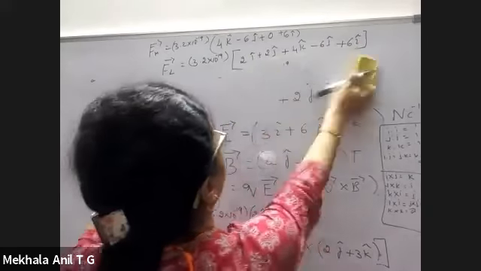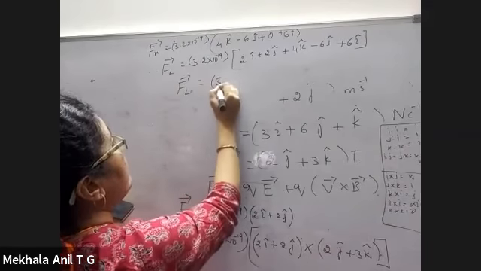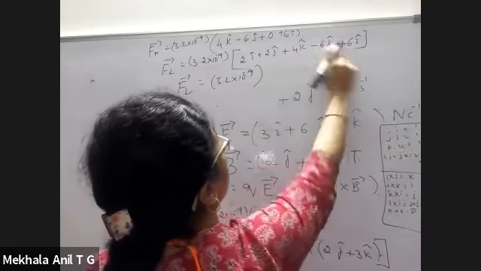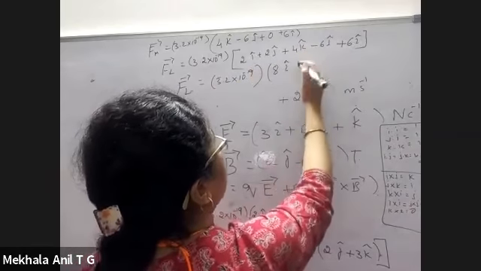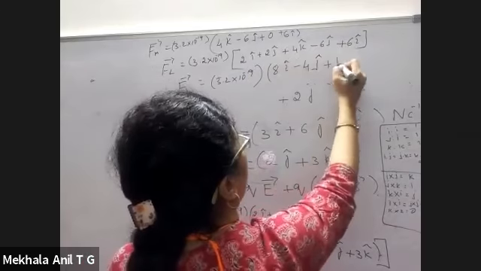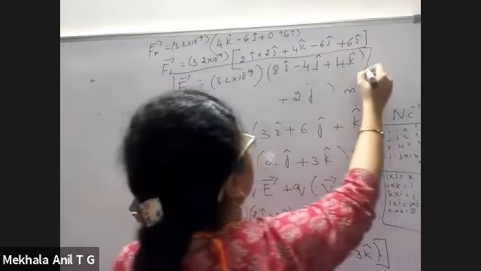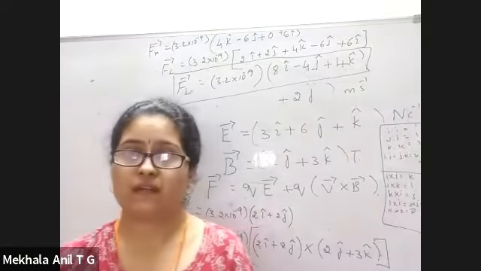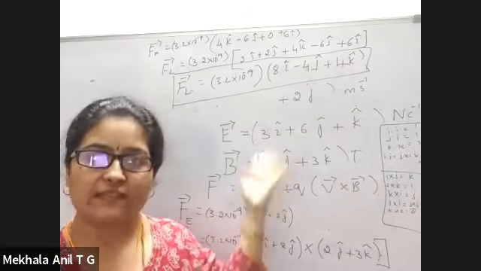So therefore, the Lorentz force will be 3.2 into 10 power minus 19, it is 2i plus 6i, it is 8i cap, 2j minus 6j, it is minus 4j cap plus 4k. So this is the Lorentz force. This appeared in one of the AIIMS question papers, so that's why I thought it's better to take and solve it. So it's not very difficult.